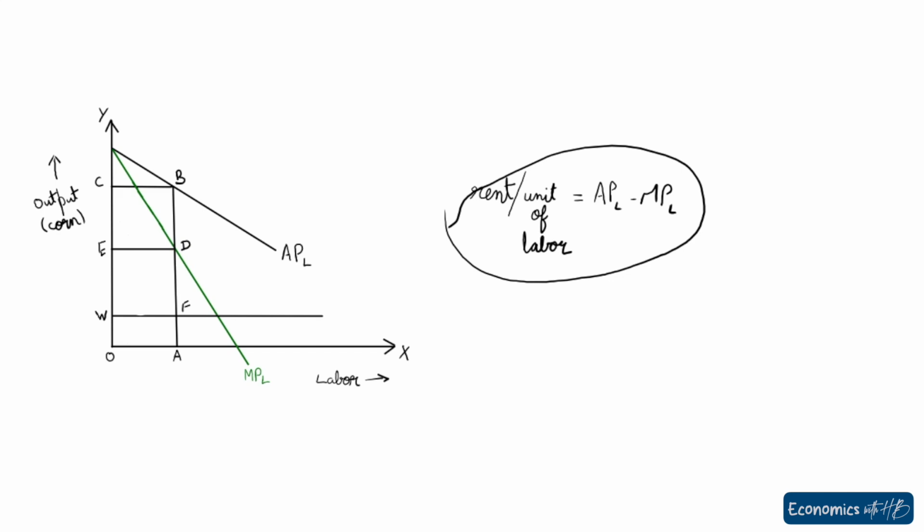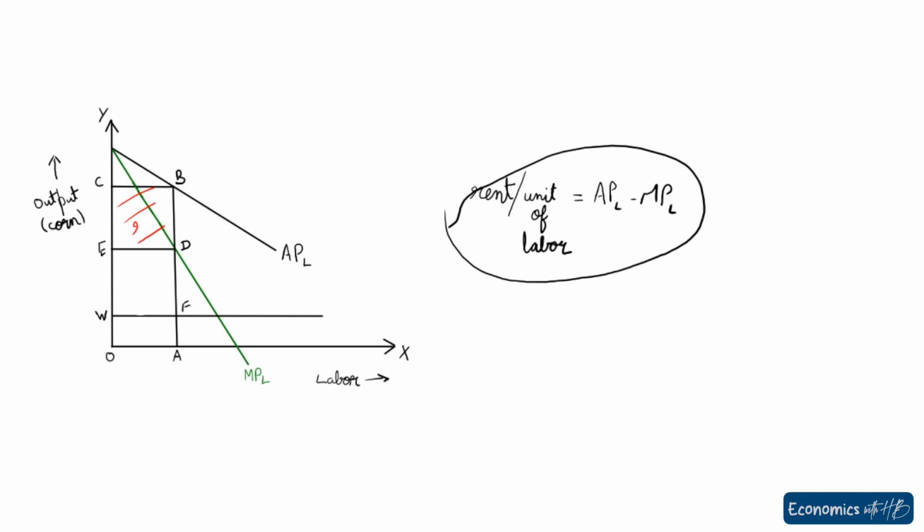Therefore, rent is AB minus AD is equal to BD, where AB is equal to APL and AD is equal to MPL. Now BD is equal to CE, so total rent is equal to the area CEDB, right? Let us mark this rent.